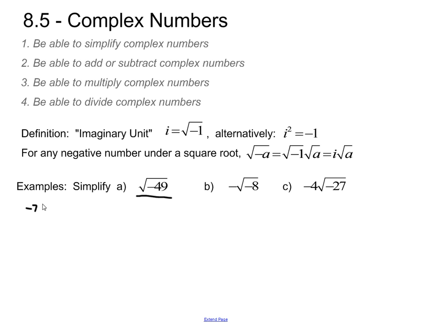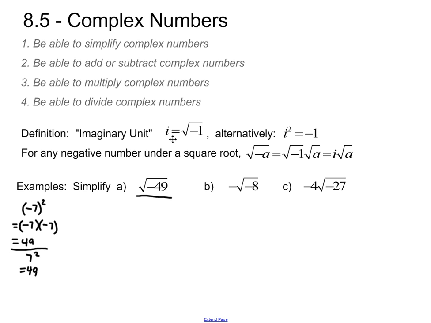Is negative 7 squared 49? Well, no, because negative 7 squared means negative 7 multiplied by negative 7, and that is a positive number. So that won't work. That's no good. Positive 7 either. Of course, as we know, positive 7 squared is also positive 49, and so we don't seem to have any real numbers that do it.